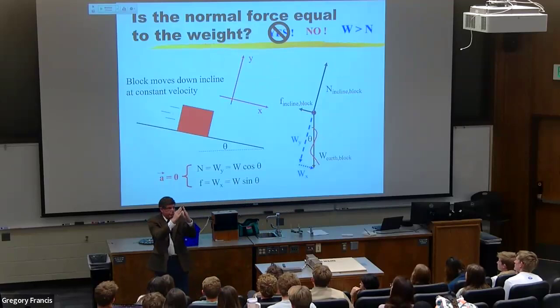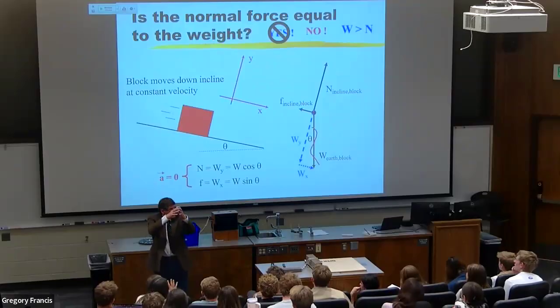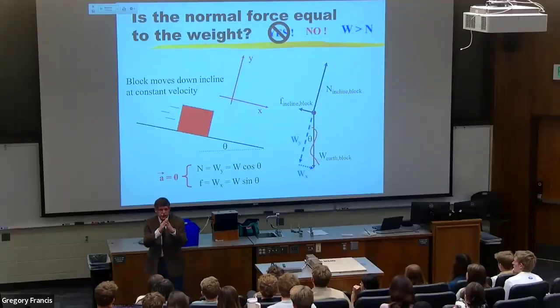That's because with that steep roof, with that large angle theta, the normal force between the snow and the roof is very small, which means the friction between the snow and the roof is very small, which means very soon the snow is going to slide off of that roof before you get so much snow that it crushes your roof. That's why you want the steep angle on that roof.